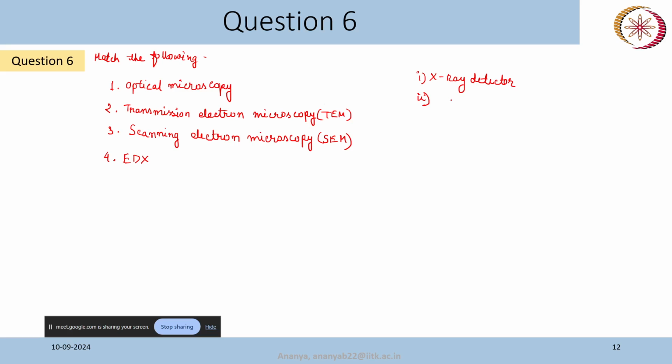Second is easy sample preparation. Third is detection of shadow of object.